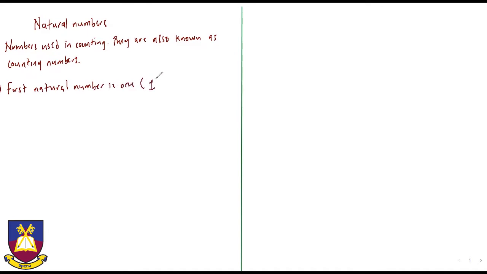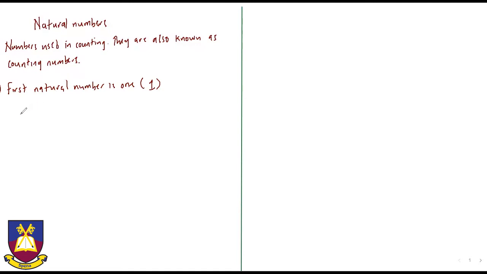The number 1 is the first natural number. You cannot start to count objects from 0. You cannot start counting members in your class from 0. So the first natural number is 1. 0 is not a natural number.